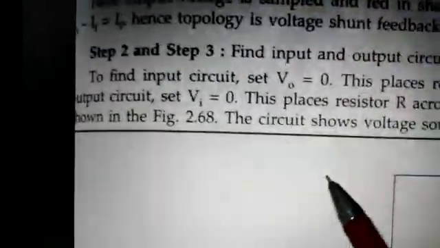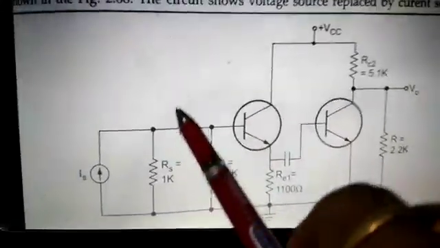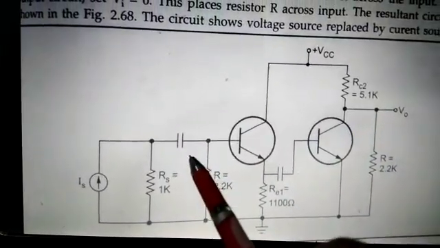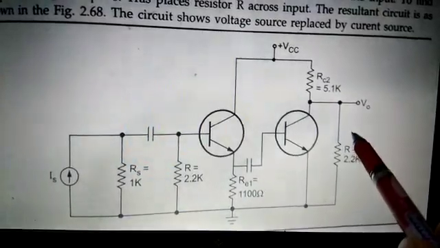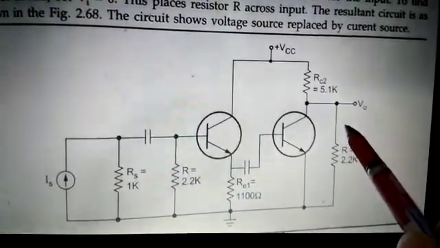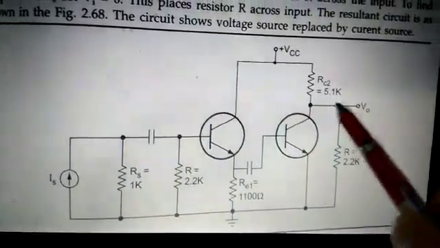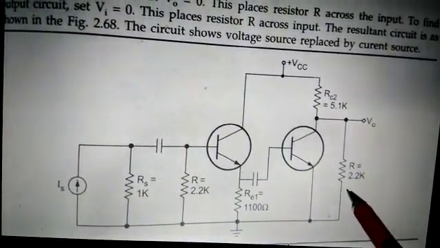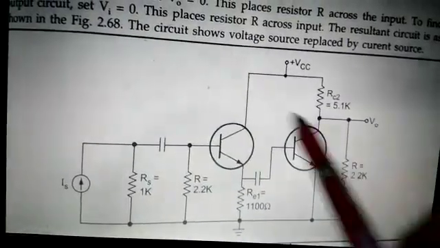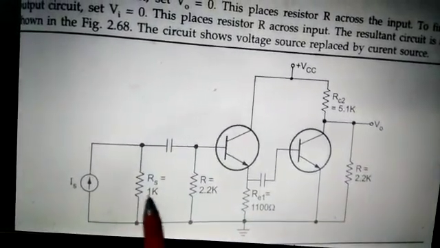Now the second and third steps are to draw the equivalent circuit at the input and the equivalent circuit at the output. The method is the same. To find the input circuit, the output should be shorted, and to get the output circuit, the input should be open.